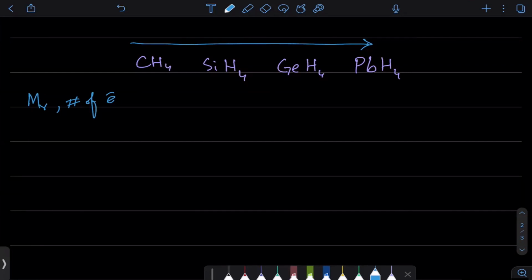And so lead hydride has the highest boiling point. Methane has the lowest boiling point in all four of these. That's how it works. Larger molecules, more electrons, stronger dipoles, stronger intermolecular force. And of course, that affects the density, that affects the boiling point and everything.